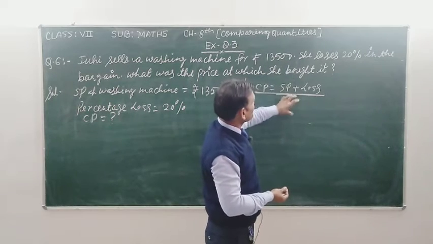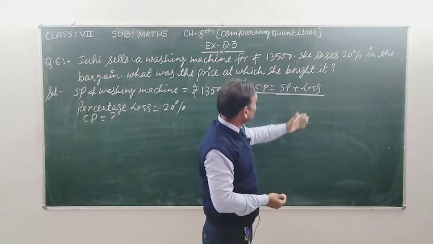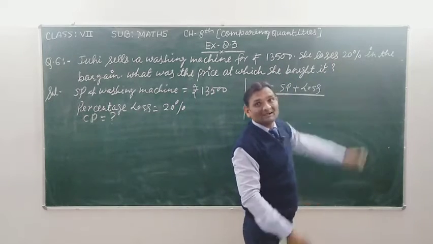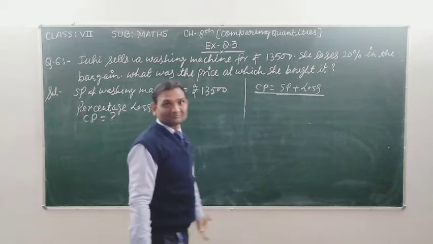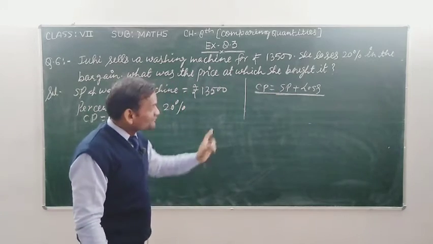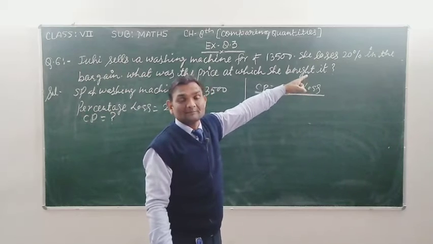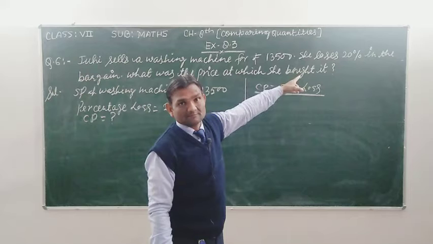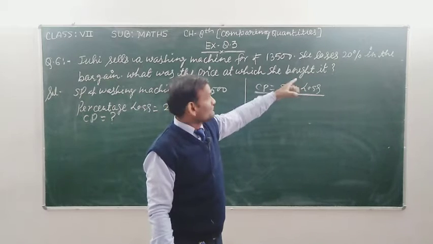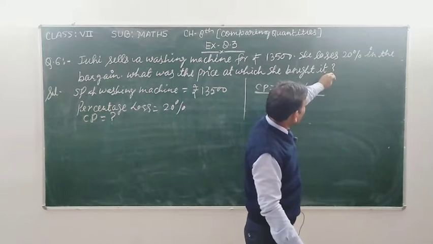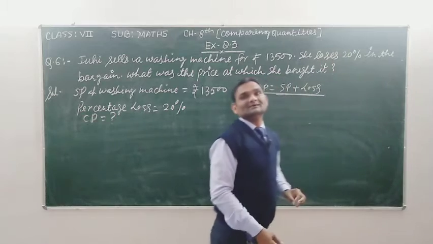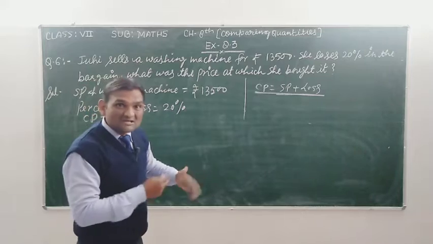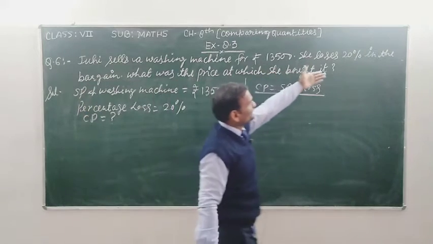So we have to add SP and loss, but SP is given in amount, but loss is given in percent, student. How can we add 20%? So student, firstly we have to find out the 20% of the CP. That will be the loss. Firstly we have to find out the loss in amount. It is the meaning. पहले हम अमाउंट में निकालें, रुपीज में निकालें कि ये तो परसेंट हमको बताया है ना.